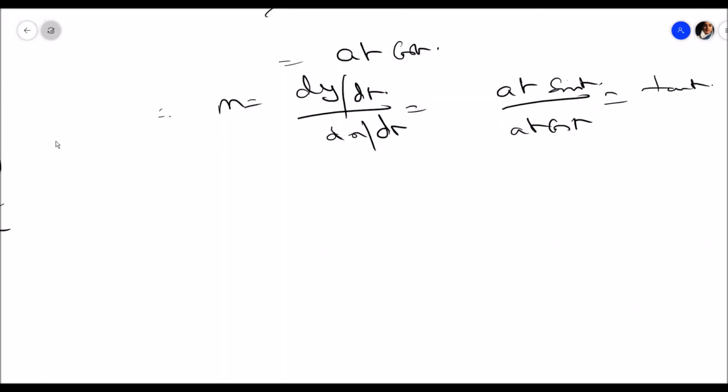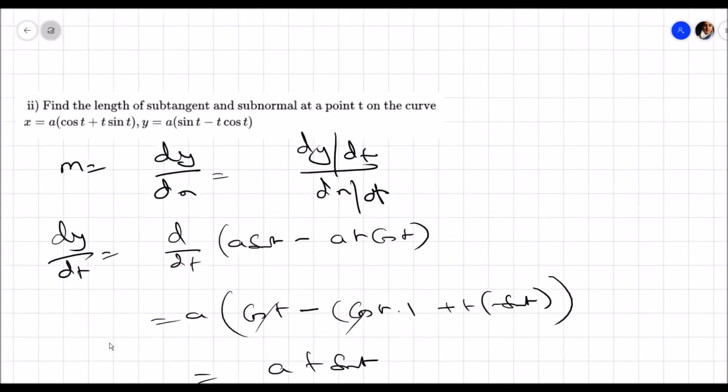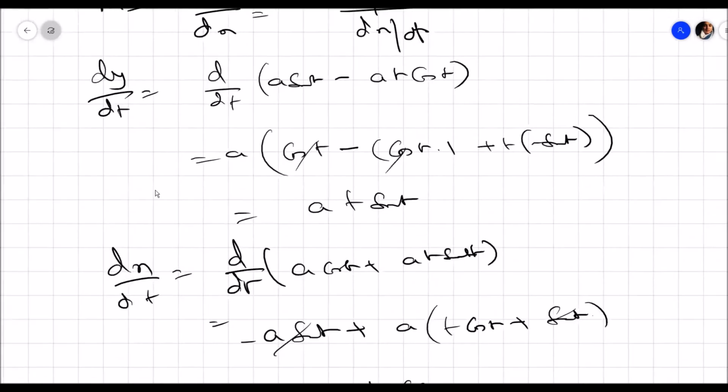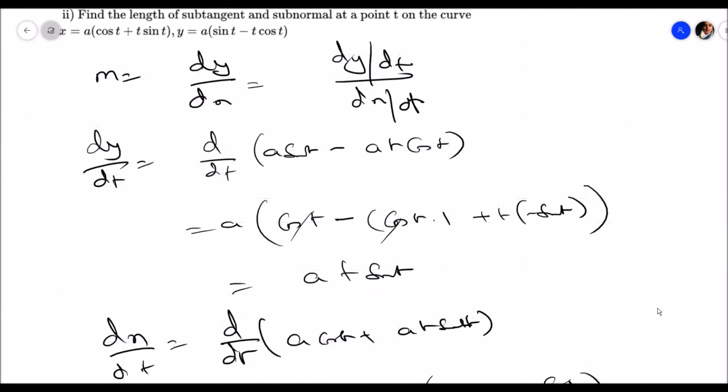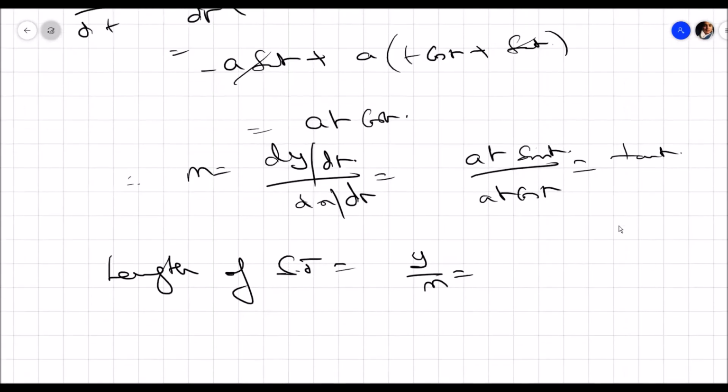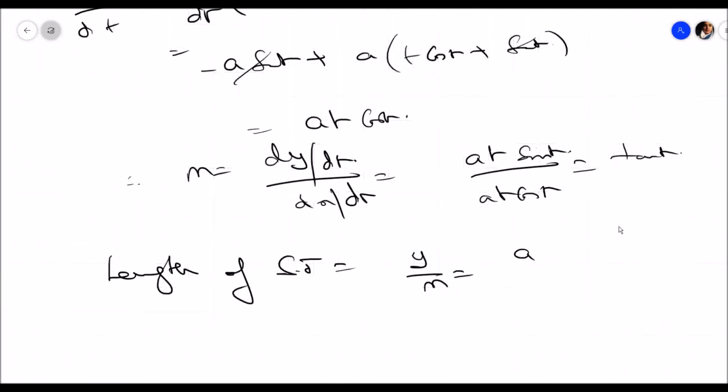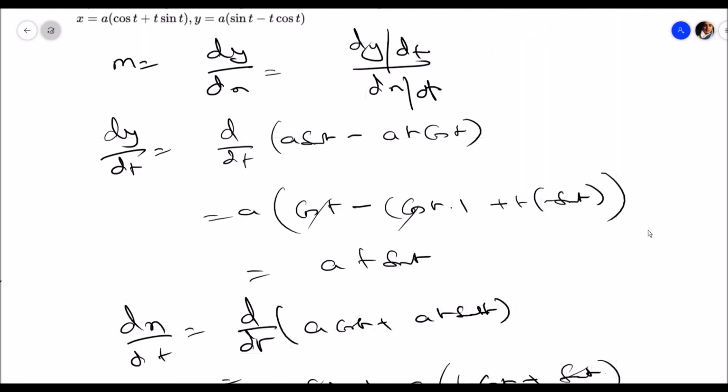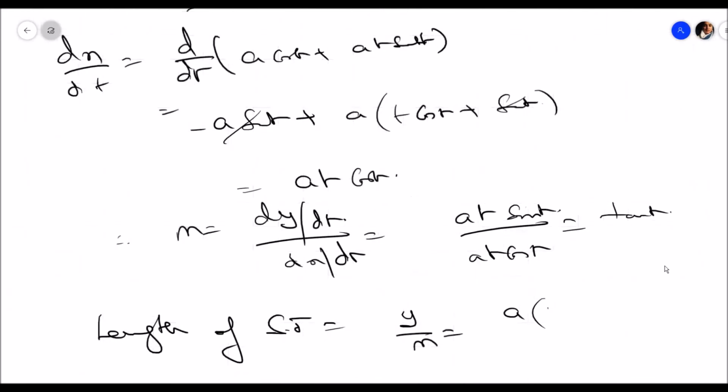Right? So you're supposed to find out the length of the subtangent, which is y by m. So let's check what is asked. Yeah, y is this, and then divided by tan t, which is in turn equal to a into sin t minus t cos t by tan t.